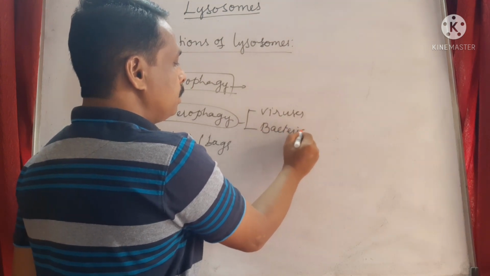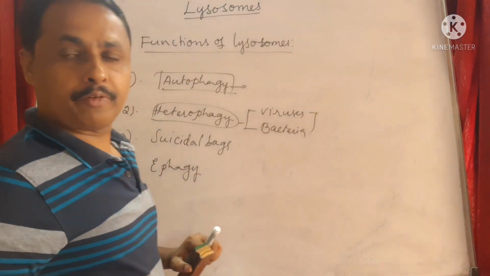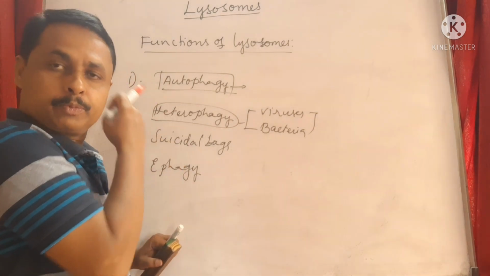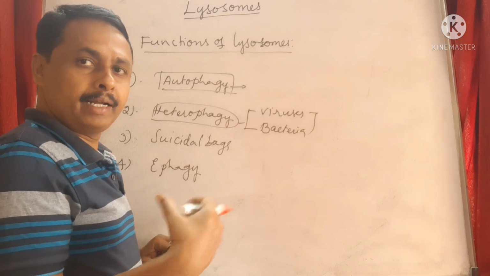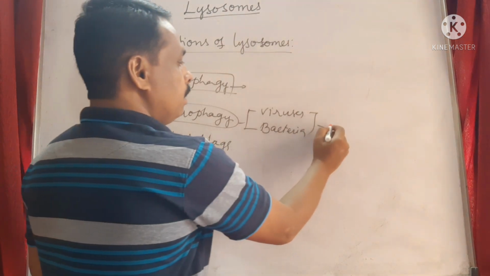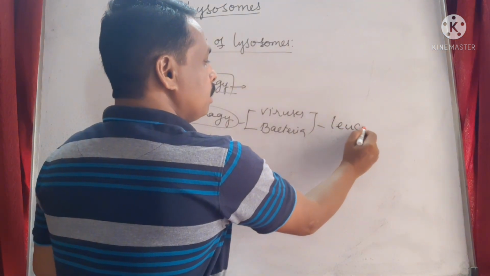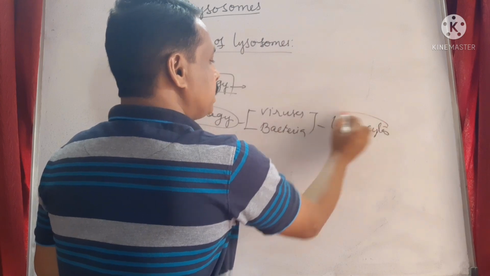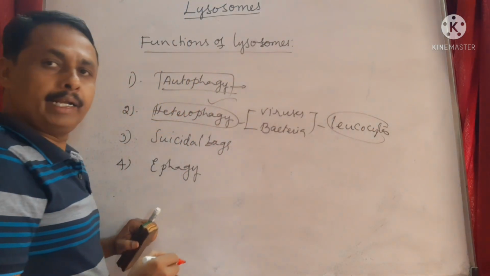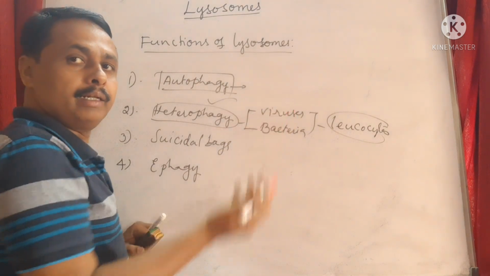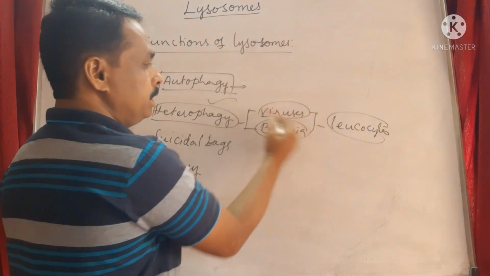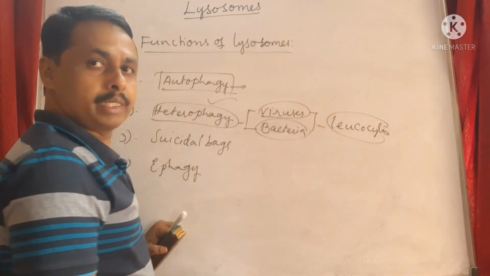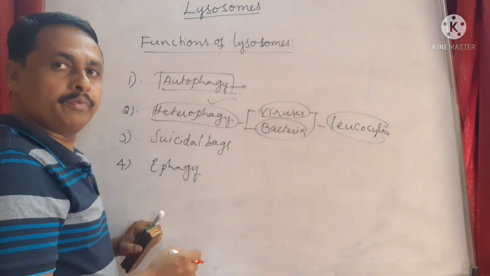If they enter into the cell, these foreign bodies will be engulfed, fed on and attacked in certain leukocytes. That means they feed other materials such as viruses and bacteria in certain leukocytes. That activity will be called heterophagy.